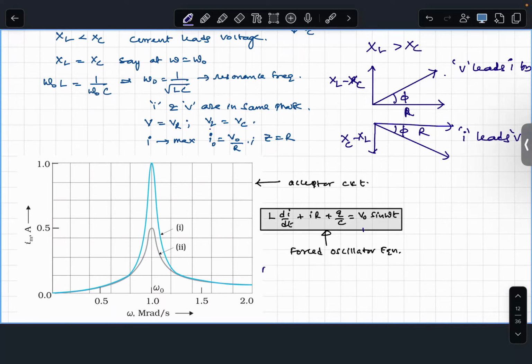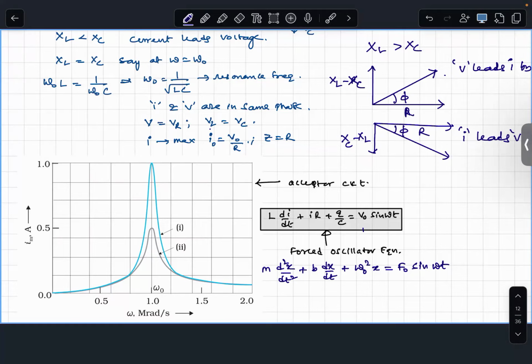It is similar to m d square x by dt square plus b dx by dt plus omega naught square x is equal to F naught sine omega t. Forced oscillator equation. In forced oscillator, what we have noticed? When the applied frequency is the same as the natural frequency of the oscillation of the body, amplitude is maximum. And that condition is called resonance. So therefore, here also you will see a resonance.